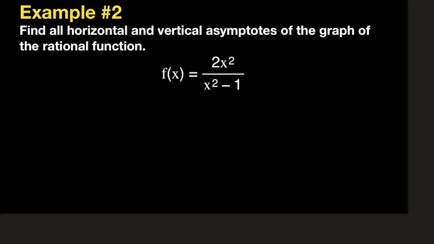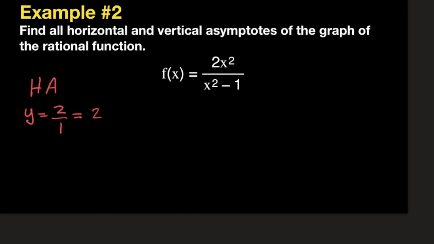So again, we're going to begin with the horizontal asymptote. In this case, we have the exponents being the same. So to find that, we're going to get the leading coefficient, which is 2 divided by 1. So our asymptote is going to be y equals 2.